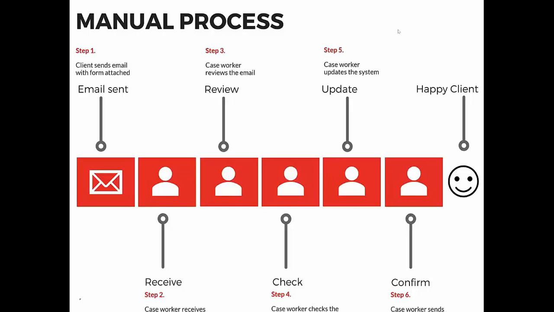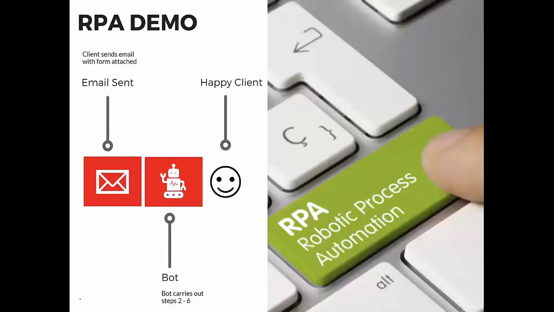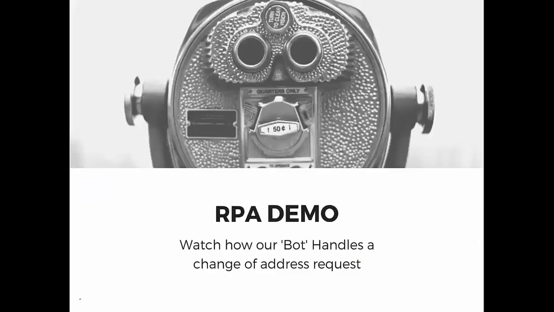Compared to what we would see a robot doing, that is effectively far fewer steps, in that the robot will be monitoring the inbox, and as soon as it identifies that there's an email there, it'll pick that email up, log into the system, and do all of those tasks itself automatically. Now, the actual demo that we've set up today, we're going to take 5 emails out of the inbox and process those, just to show you how that robot can do those sequentially and very, very quickly, and give you an understanding of how that might compare to a human operative being able to do that.